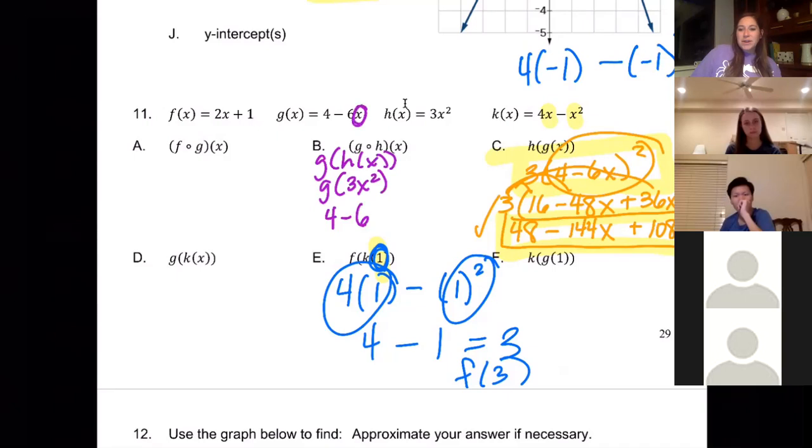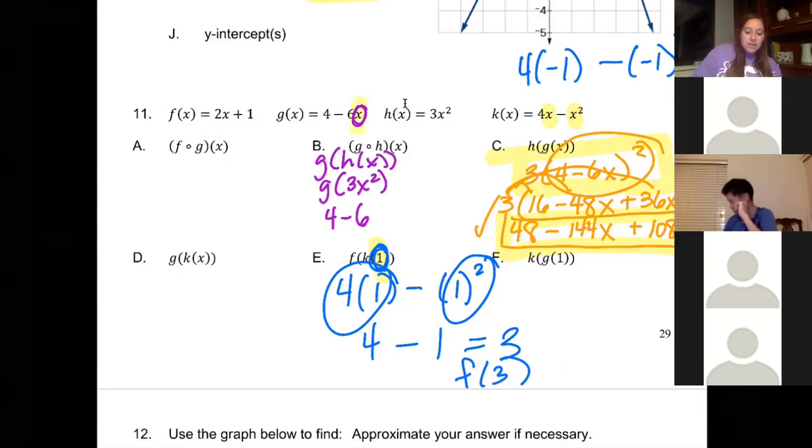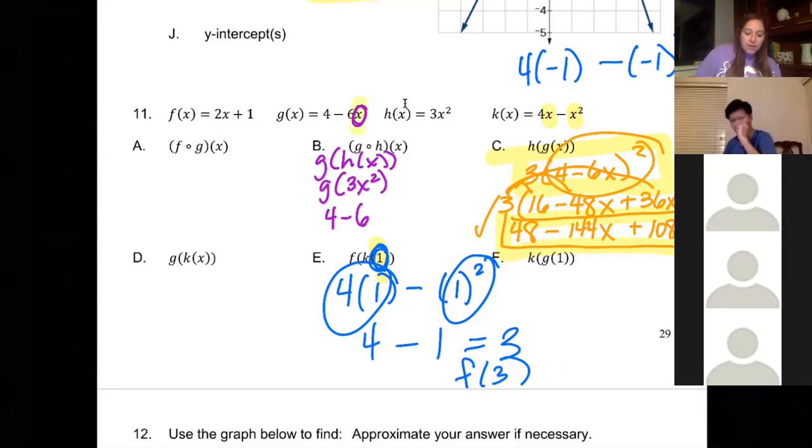I guess I see what you're asking. It's kind of confusing because it's a function inside another one. But I'm taking this x and I'm replacing it with this 3x squared. So whatever I'm replacing it with goes inside the parentheses. So in this scenario, the x squared does go inside the parentheses, but you have to look at the original problem.